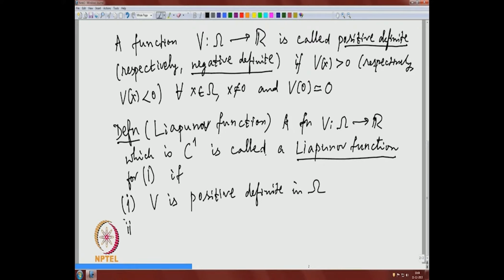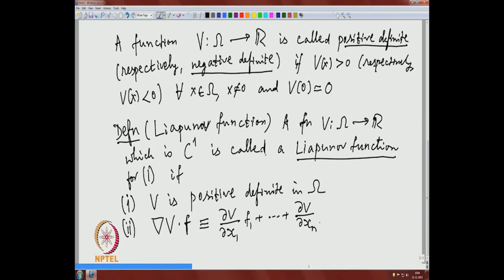And second one, that is the connection with the system 1: del V dot f, where del V is the gradient of V, by definition, and f is coming from the system. So, this is nothing but del V by del x1 into f1 plus etc. So, we are in an n dimensional situation.